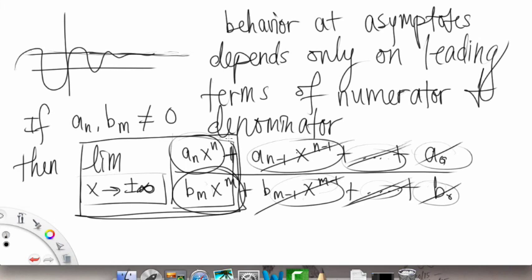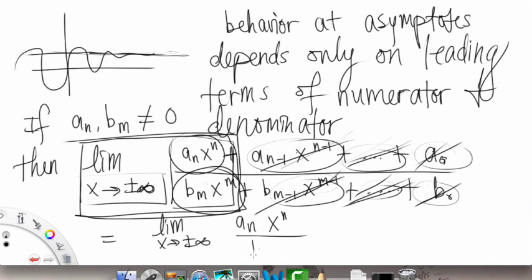You can only ignore the other terms like this when we're observing limits at infinity. So this turns into the limit as x goes to plus or minus infinity of a sub n times x to the n over b sub m x to the m.